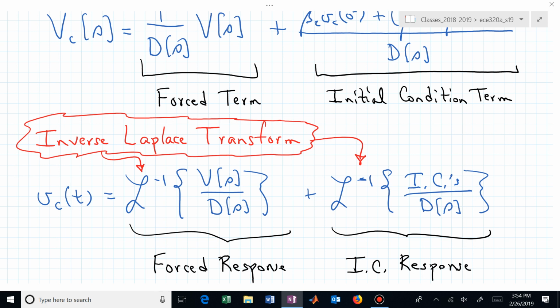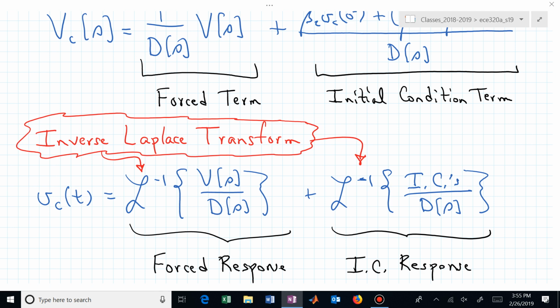If we wanted to go back into the time domain, then we need to inverse Laplace transform these two pieces of our solution for capital V sub c of s. One is due to the forcing function, capital V of s, the applied voltage. That will be our forced response.